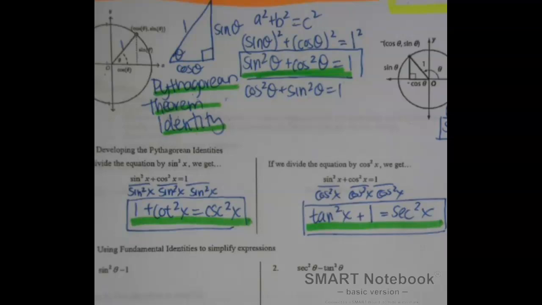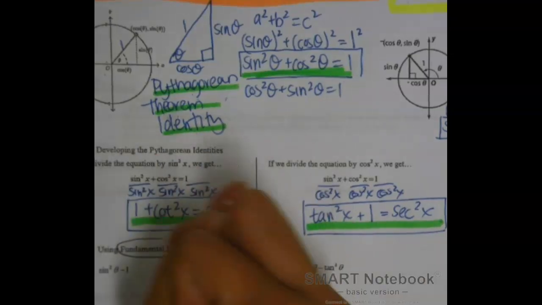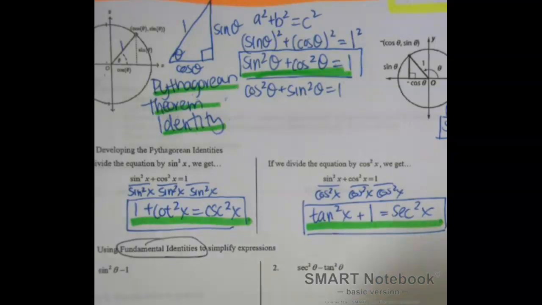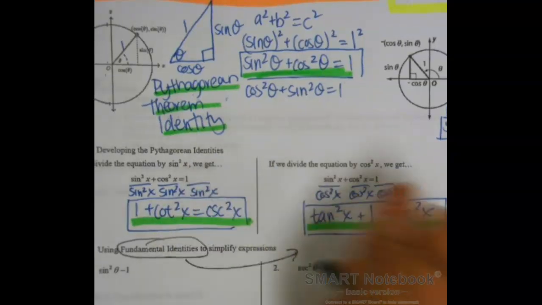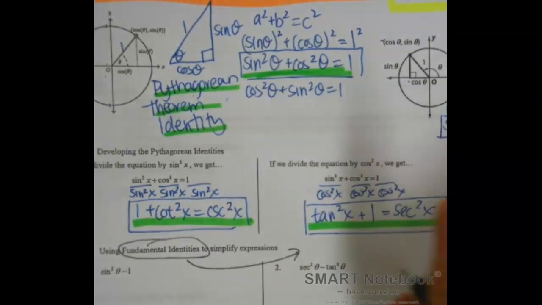So what we're going to do is take the formulas that you guys have and put these into use. We're going to use the fundamental identities to simplify your expressions. The fundamental identities are literally the 3 things I've highlighted at the top.